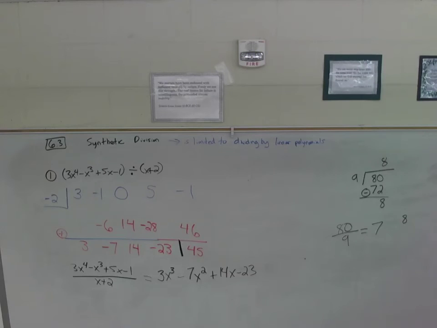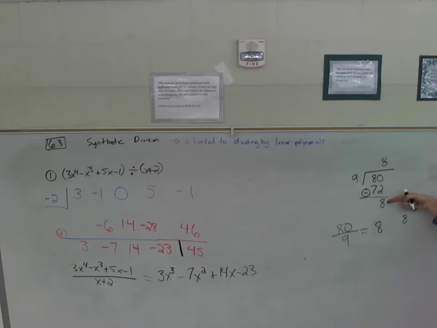Thank you, Logan. You were correct. But we still get an 8 here too, right? Okay. Anyway, thank you. So we get a quotient of 7, and the remainder is 8.